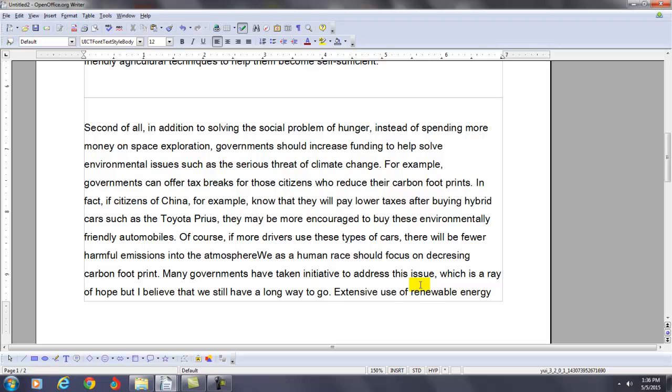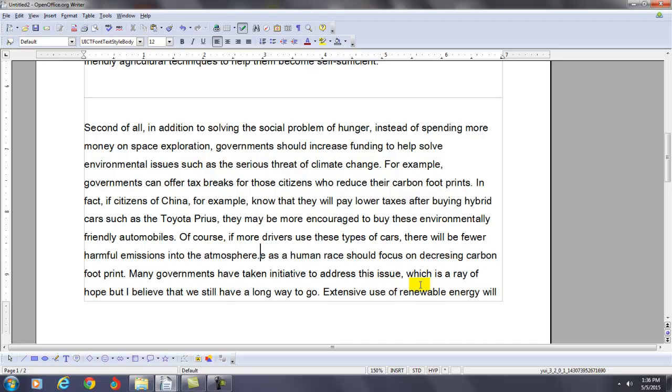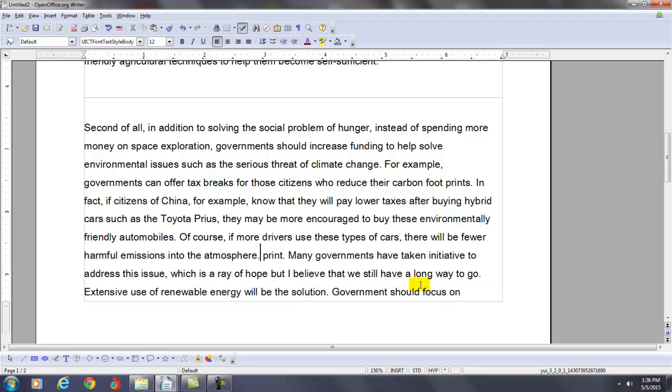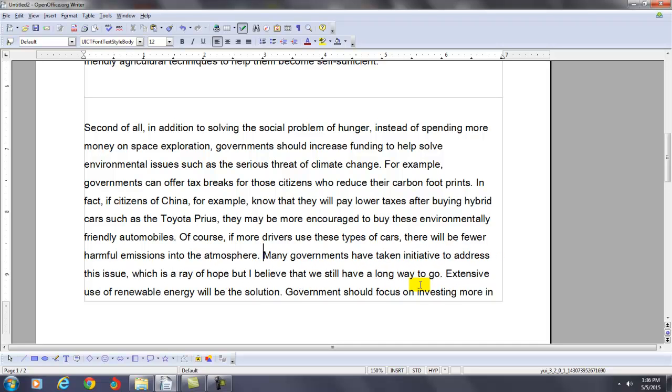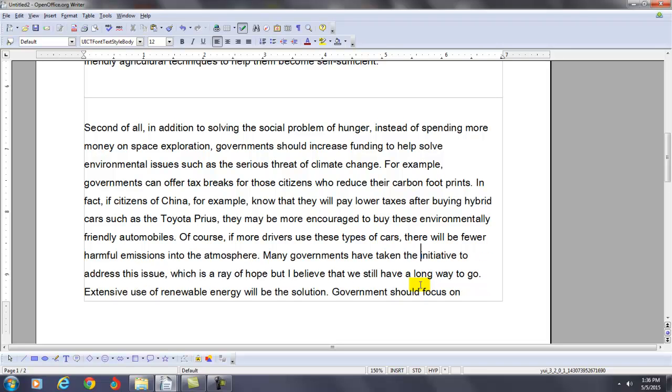So, of course, if more drivers use these types of cars, there will be fewer harmful emissions into the atmosphere. So you see here, many governments have taken the initiative to address this issue, which is a ray of hope. But I believe we still have a long way to go.